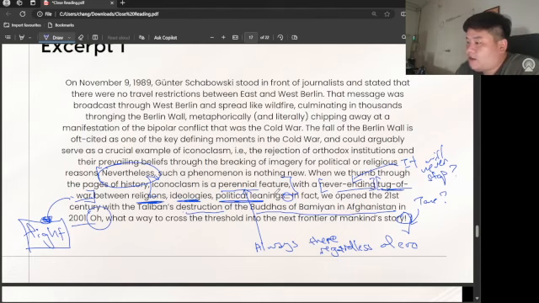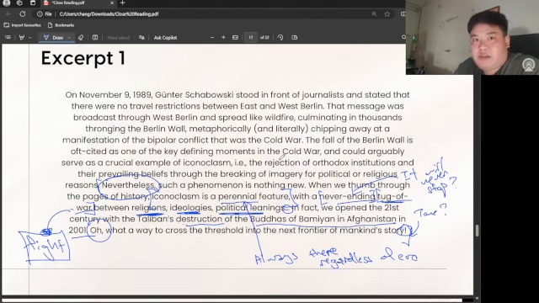Things like that. And that's how you would apply the close reading skill to this particular paragraph. And of course, you have 3 passages in the actual paper itself. As you read through all the passages, apply this skill throughout.